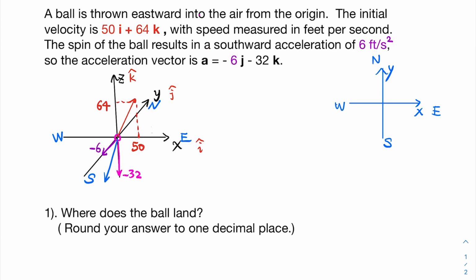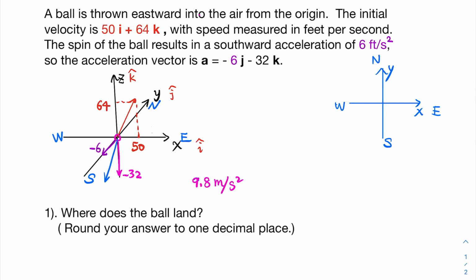Notice that it says the acceleration southward is 6 feet per square second. Yes, indeed, in this direction it is 6 feet per square second. However, remember the gravitational force is also acting on the ball. Gravitational acceleration in international units is 9.8 meters per square second, and it is pointing downward, opposite of the z direction, the negative z direction.